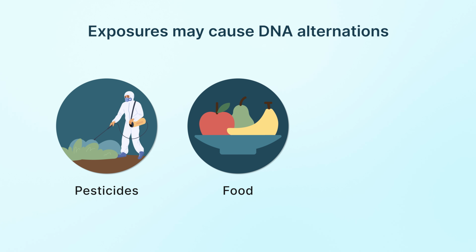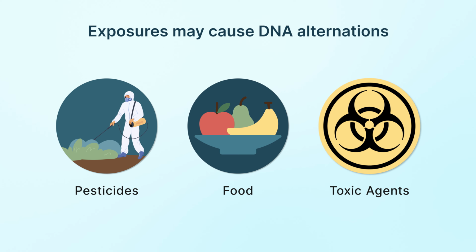Now, most damage that occurs with sunlight can cause other types of tumors, like melanoma. The cause of that is UV irradiation from the sun. So there are examples in your environment of pesticides, of food you eat, of toxic agents. We are all exposed to things that can alter our DNA.